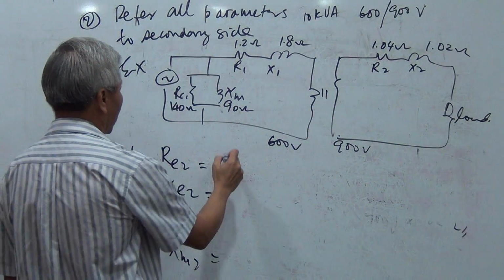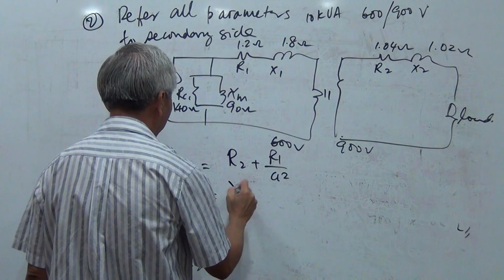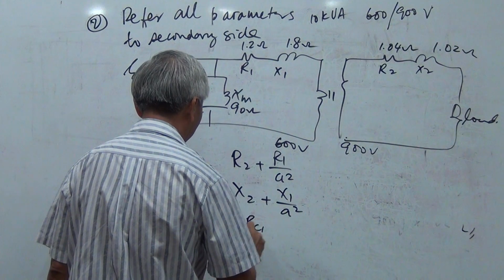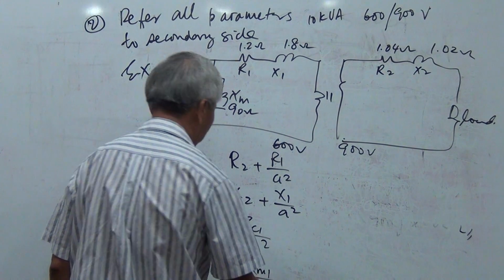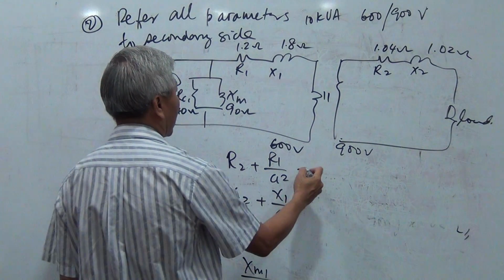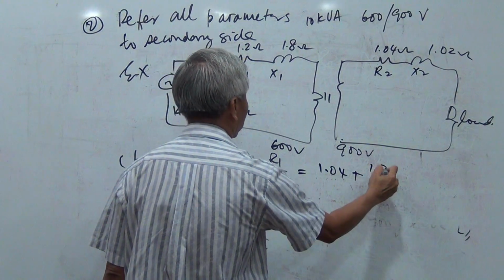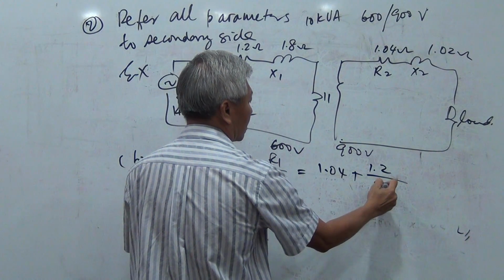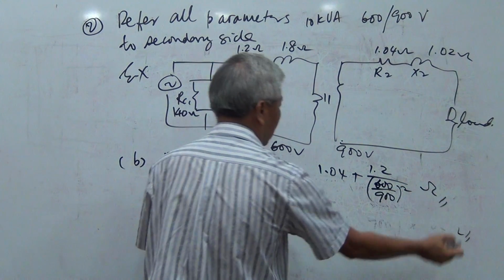Right? So the formula is R2 plus R1 divided by A squared, X2 plus X1 divided by A squared, RC1 divided by A squared, XM1 divided by A squared. So that is equal to 1.04 plus 1.2 divided by A squared. Who is A? Remember 600 divided by 900? Right?